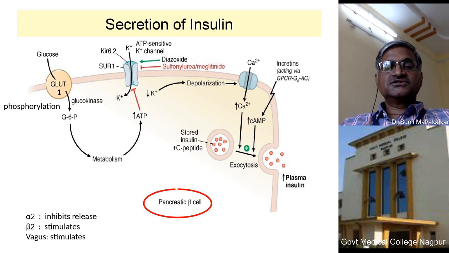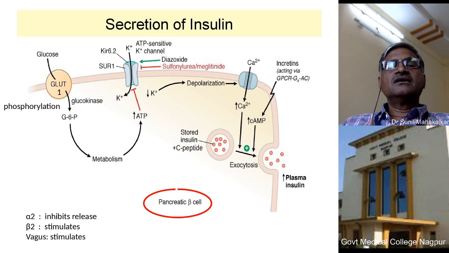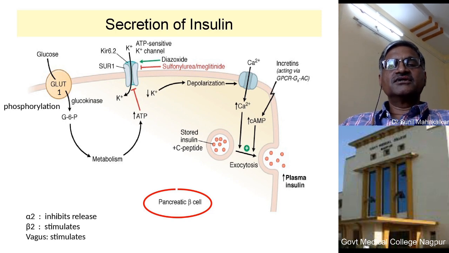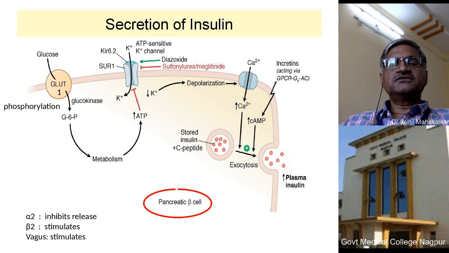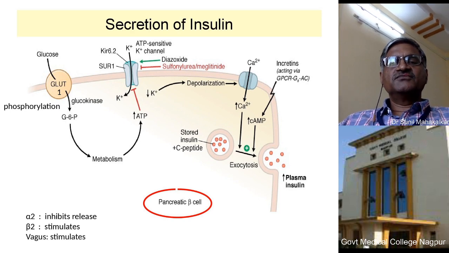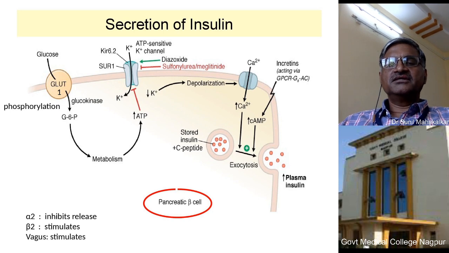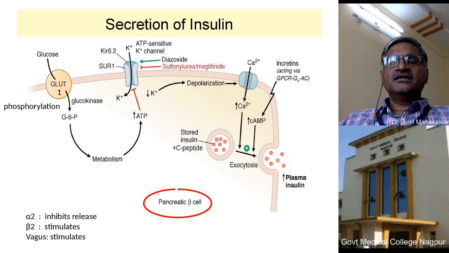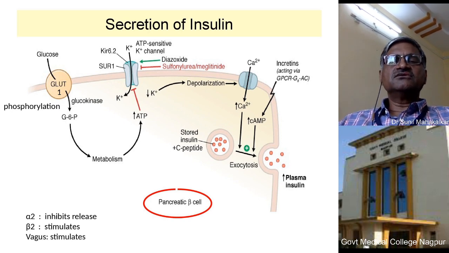Glucose is the most important factor to cause secretion of insulin. So glucose enters by GLUT1, is converted into glucose 6 phosphate, increasing ATP, blockade of the potassium channel leads to depolarization of the calcium channel, increased calcium level in the cell, and then exocytosis of the insulin. So that is the sequence of secretion of insulin.